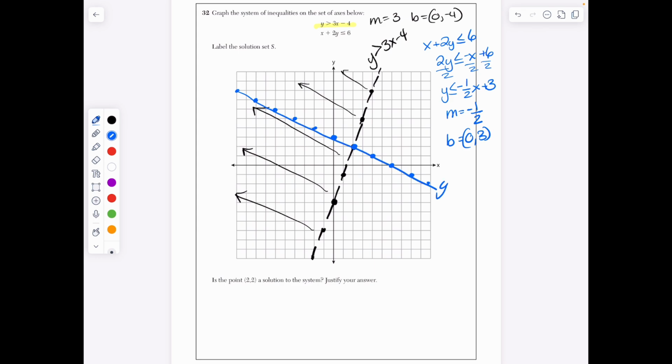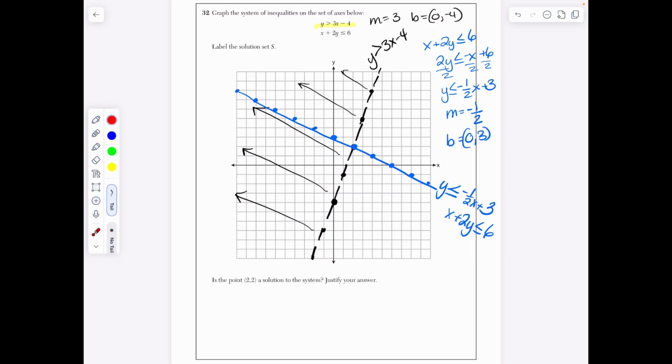So here's my y is less than or equal to negative 1/2 x plus 3, or my x plus 2y is less than or equal to 6. I do see that this point here looks like it could be a solution, but remember, this other line is dashed, so it can't be on that line. This little point does fall on the solid line there.